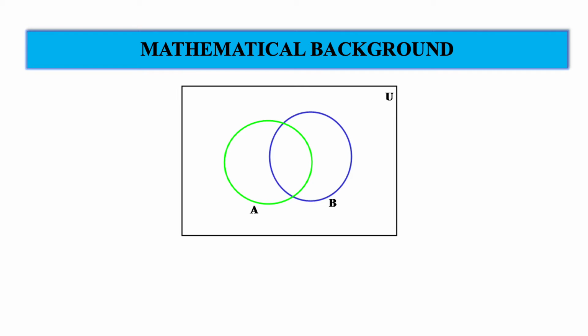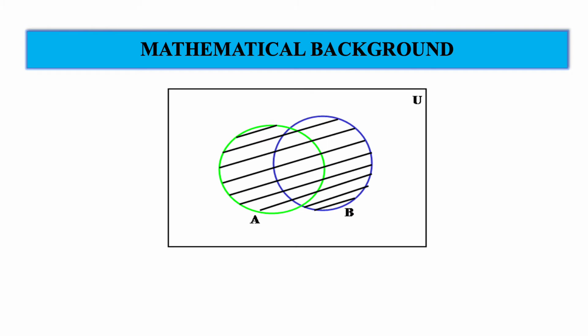So now we will show this using some figures. Let us consider two sets, set A and set B, which are part of the universal set U. The set A consists of all the elements inside the green circle, and the set B consists of all the elements inside the blue circle. So these are the given sets A and B. Now let us look at the union operation.